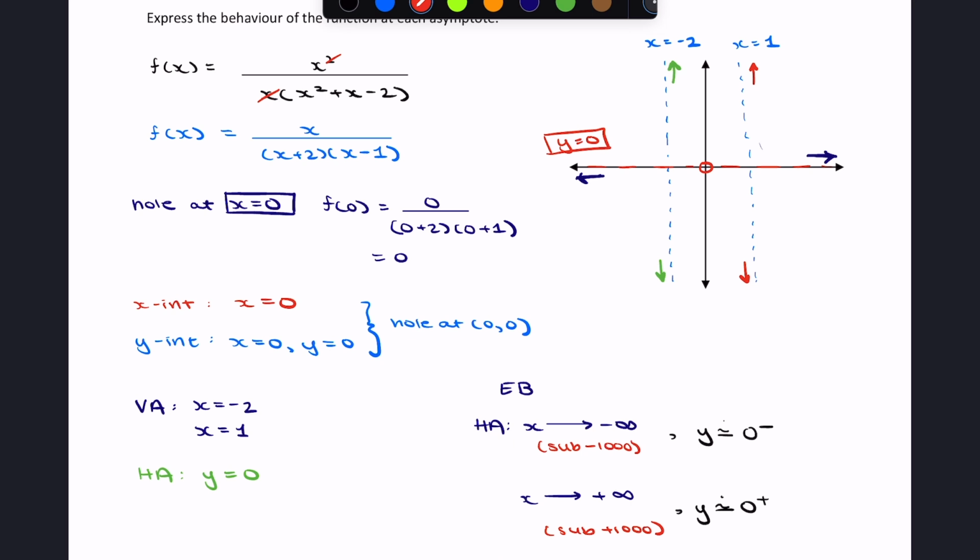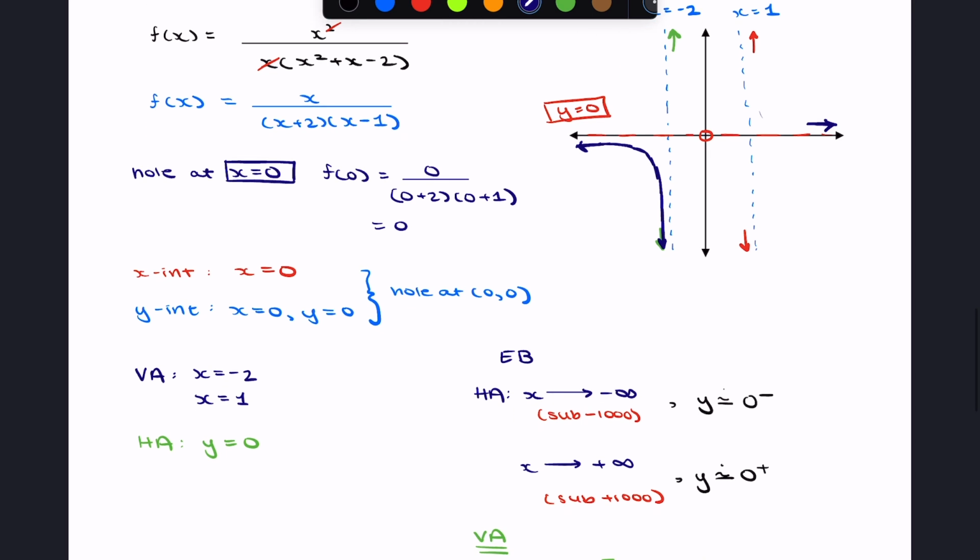So now we see how we can graph this. So the graph, again, will follow the end behavior. As x approaches negative infinity, it's below 0. And then as it approaches the vertical asymptote at x is equal to -2, y trends towards negative infinity.